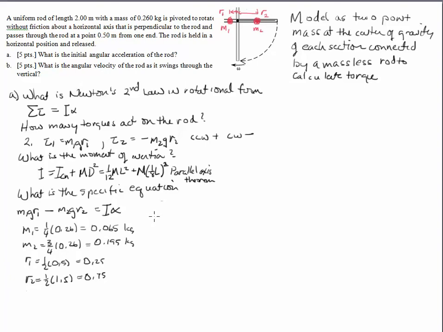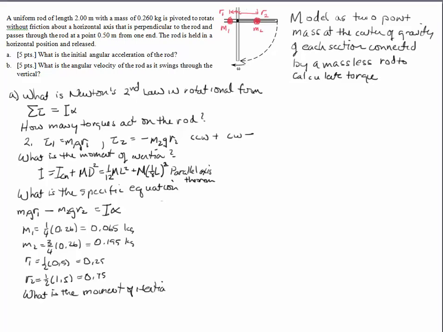M1, which is 1/4 the rod, is equal to 0.065 kilograms, 1/4 the total mass. M2, which is 3/4 the length of the rod, is equal to 0.195 kilogram. R1 is 0.25, R2 is 0.75. Notice that's halfway along the left side, halfway along the right side.